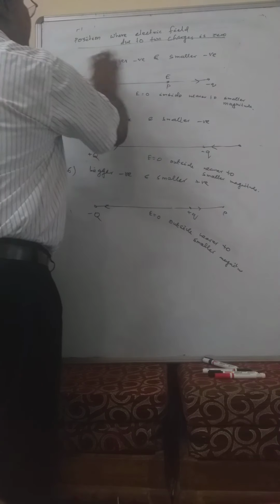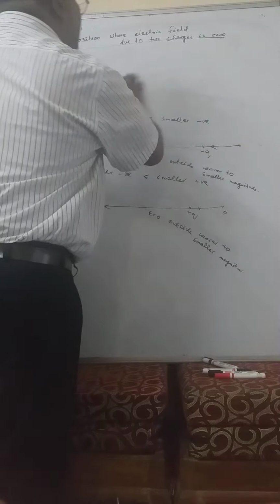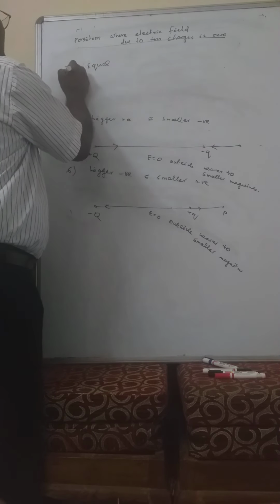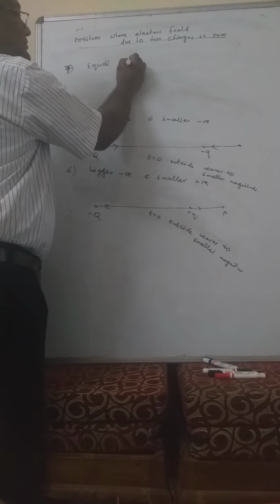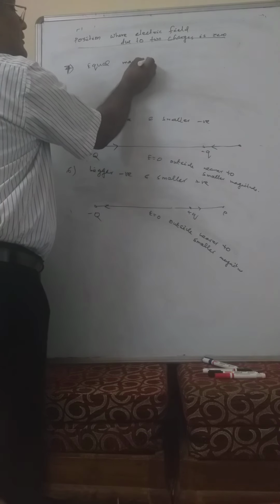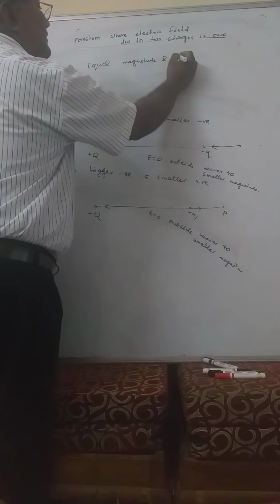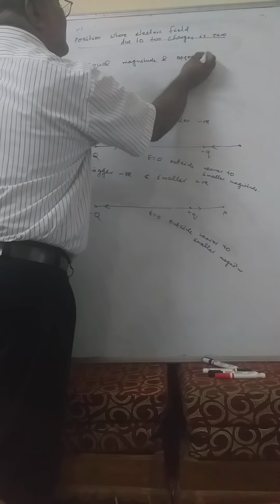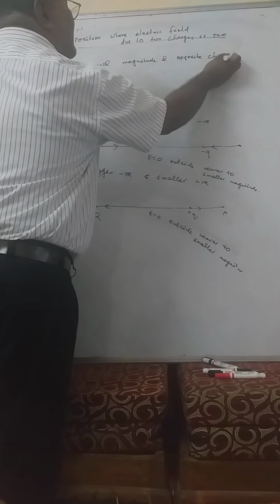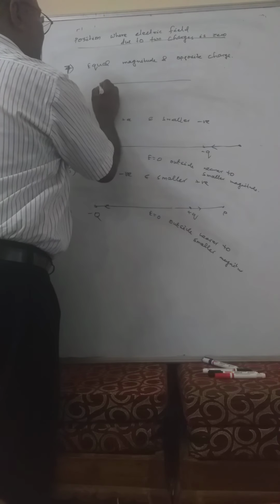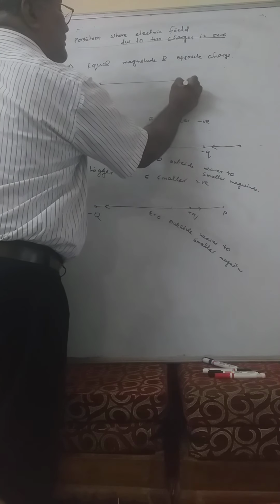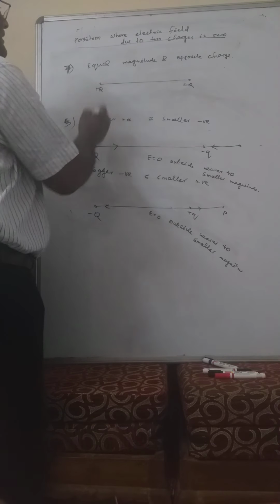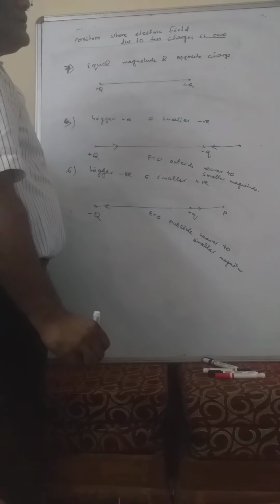Last one, the seventh point: if both are of equal magnitude but opposite charge. Let us consider plus q and another minus q. Here this is constituting a dipole. Nowhere will the field be zero.